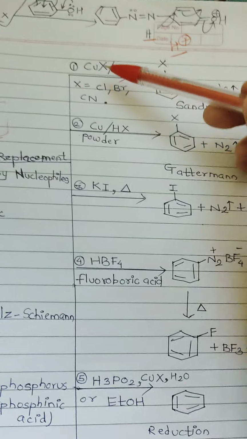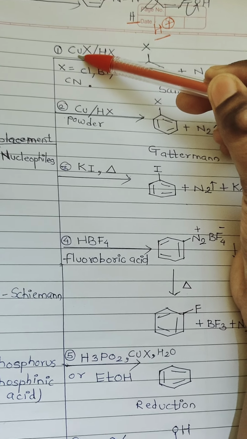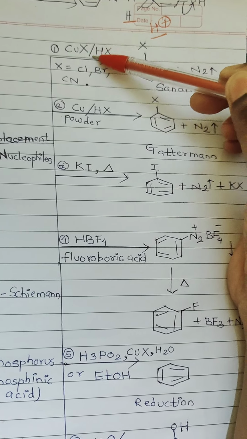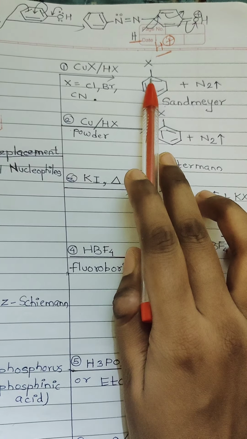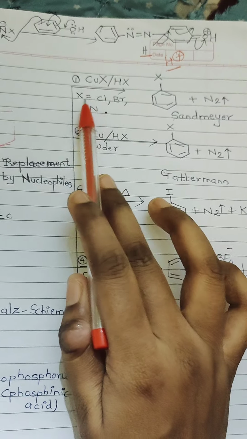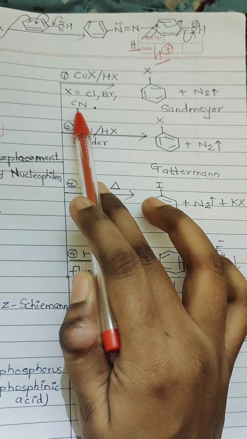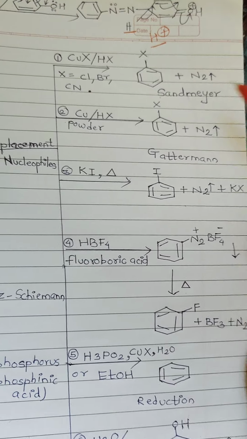First is cuprous CuX in the presence of HX, which gives aryl halide, where X is Cl or Br. N2 gets liberated.